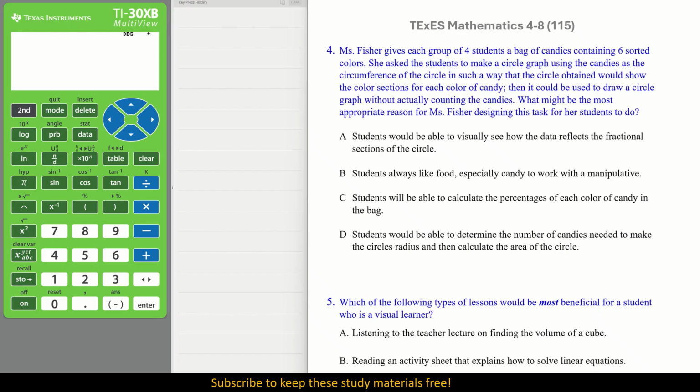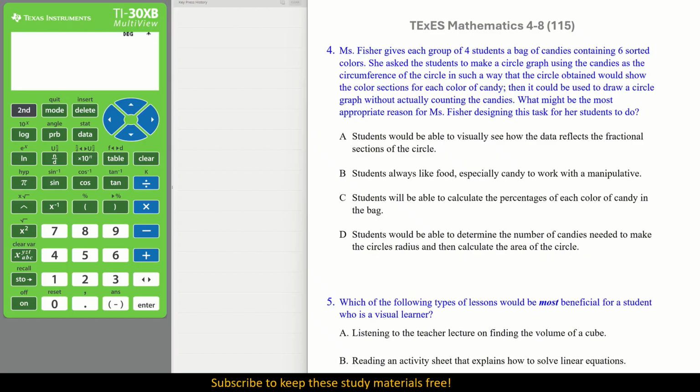And when you have the students make the circle, putting all the colors right next to each other in sections, that would make a pie graph, and then they'd have to count the total. It'd give them part out of total in each of the sections. So visualize that. And now that we visualized it, let's see what A says.